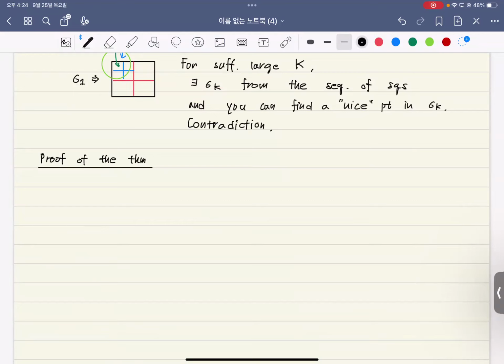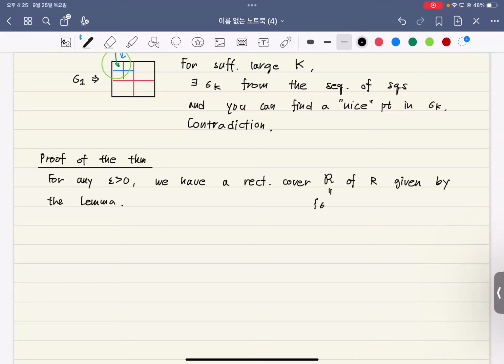So for any epsilon, we have a rectangular cover of R, whose existence is guaranteed by the previous lemma: sigma 1, sigma 2, sigma n.